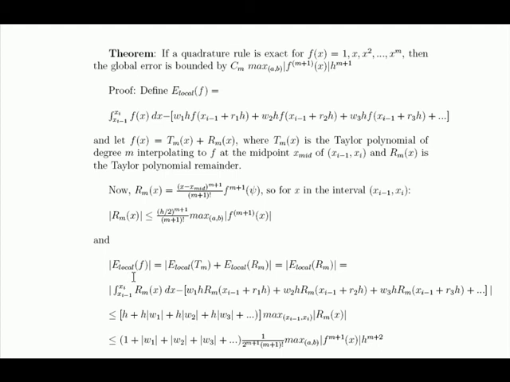Now notice that the local error in f, by linearity of the definition of E, is equal to the local error of the Taylor polynomial plus the local error of the remainder term. But by assumption, the quadrature rule is exact for all polynomials of degree m, therefore the local error for Tm is 0. So all we have left is the local error of Rm, which is going to be small.